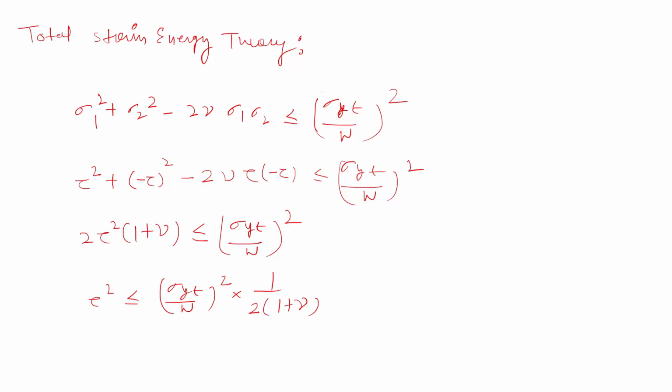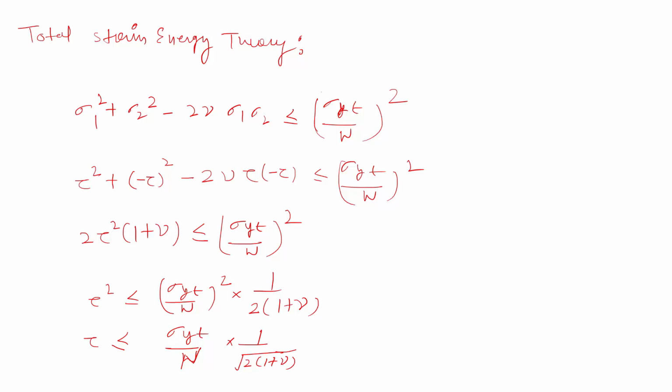So if we take tau equals to sigma yt over n multiplied by 1 over under root 2 times 1 plus mu.